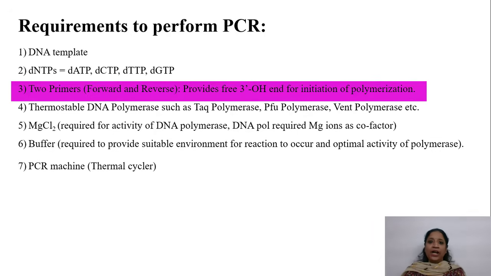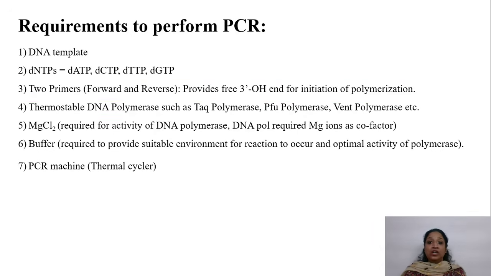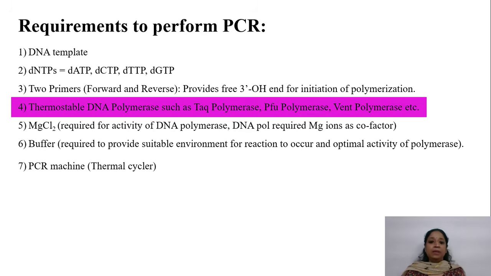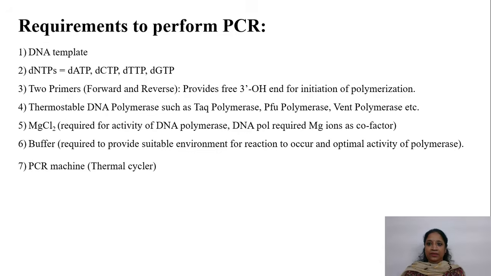We also require primers, which are short pieces of single-strand DNA. We use two primers, a forward primer and a reverse primer. They are designed to bind to the target DNA and provide the free 3' OH group necessary to initiate DNA polymerization. Then comes a thermostable DNA polymerase enzyme, such as Taq polymerase.